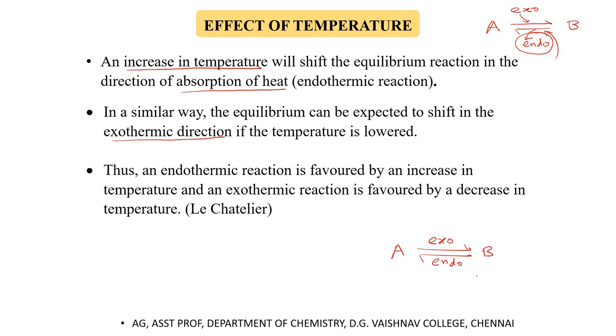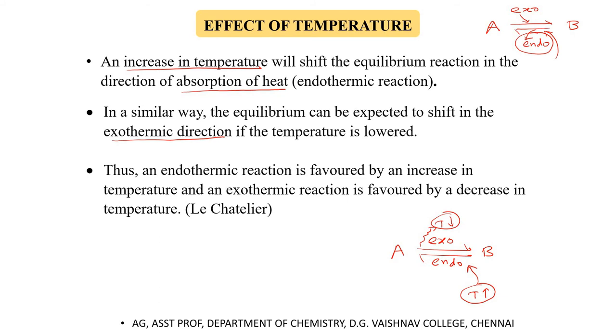In this case, if you supply heat or increase temperature, the increase of temperature favors the endothermic reaction, that is, the backward reaction in this case. If you remove heat from the system, temperature will decrease. If temperature decreases, a decrease of temperature favors the exothermic reaction.